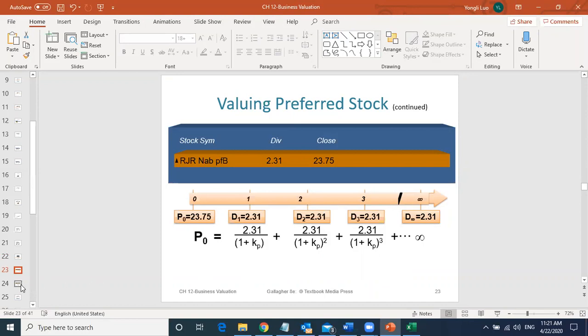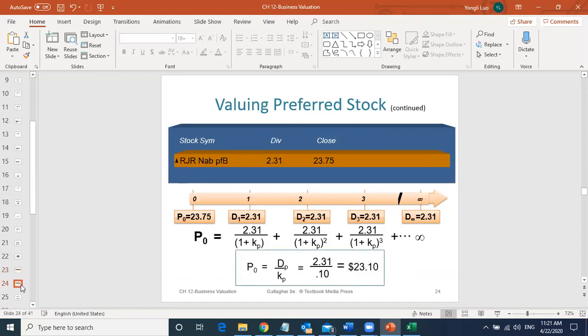But there is a much easier formula that gives you the same solution, which is the dividend divided by the required rate of return.